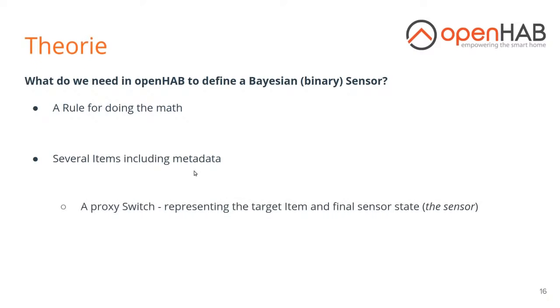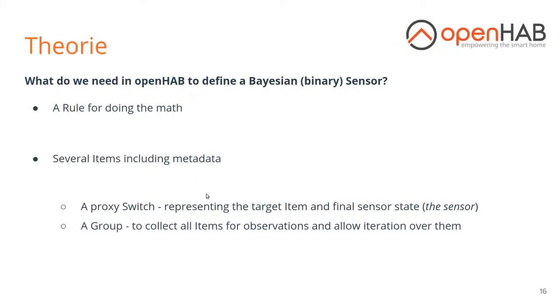We need a proxy switch, which represents the target item and the final sensor state. We need a group to collect all items of the observation, so we can iterate over them and use their metadata for the calculation. And we need, of course, all the different items which represent our observations.